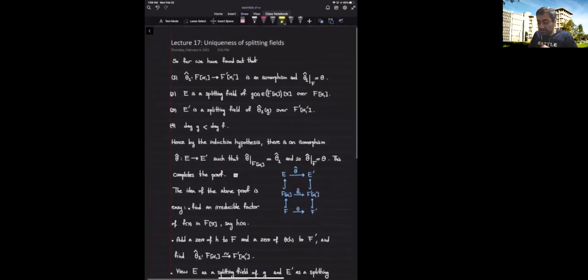We can find such a ring isomorphism whose restriction to F(alpha 1) is this theta 1 hat that we have. So again, let's summarize what we had so far. We started with this alpha 1, we looked at the minimal binomial, we applied theta, and we said that it should be an irreducible factor of theta of f.